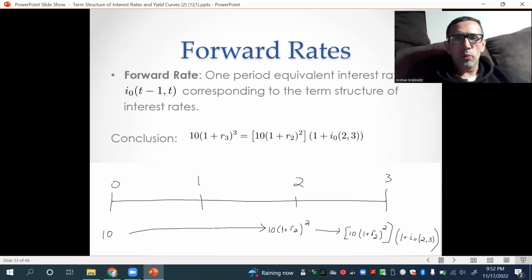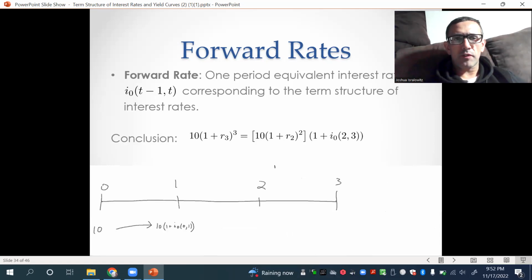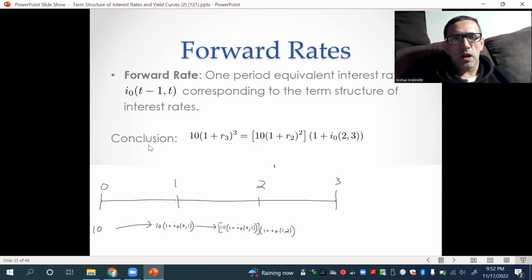Okay. Now, what we could do instead is think of growth in terms of just simply 0 to 1, 1 to 2, and 2 to 3. So $10 becomes 10 times (1 plus i_{0,0,1}), where i_{0,0,1} is the interest rate from 0 to 1. Let's say i_{0,1,2} is the interest rate from 1 to 2.